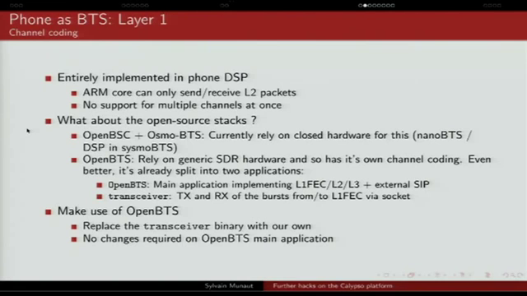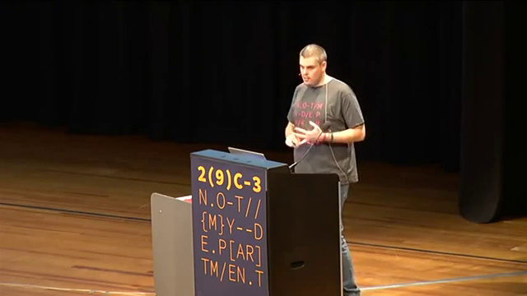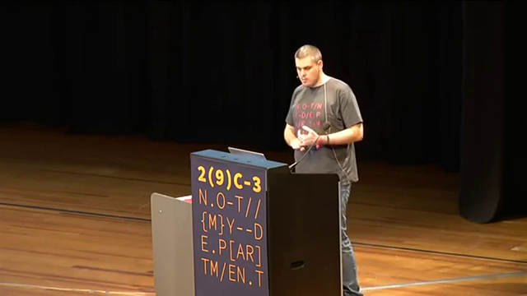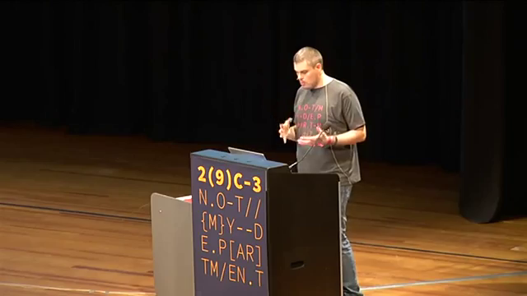And even better, they have nicely split OpenBTS into 2 applications. The OpenBTS binary itself, which implements the layer 1 channel coding, L2, L3, and the external SIP interface. And then the transceiver, which transmits and receives raw bursts on the air.